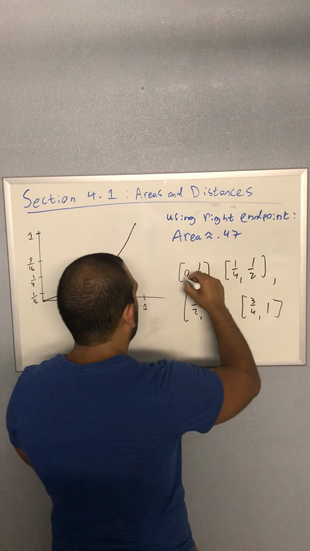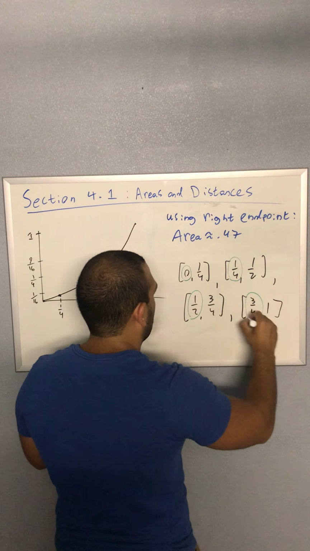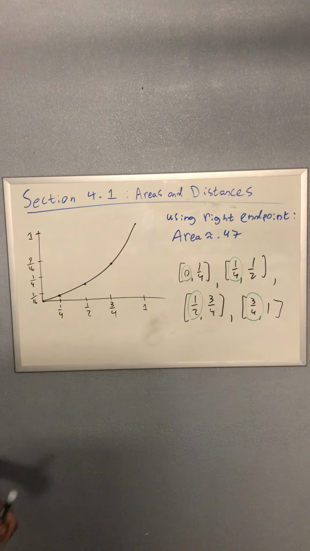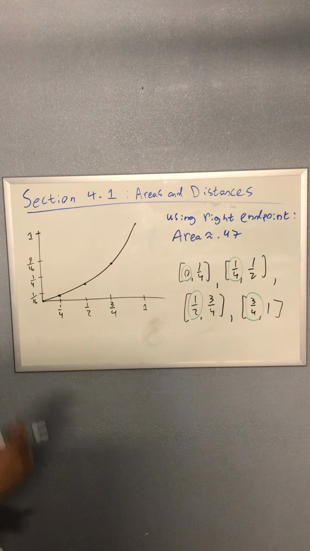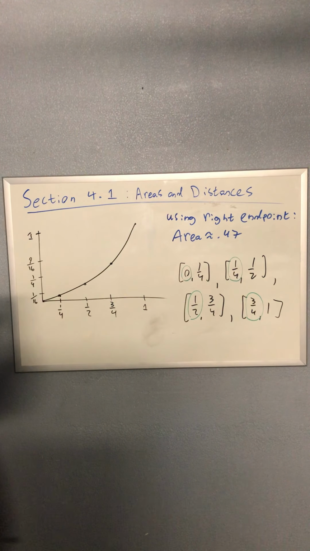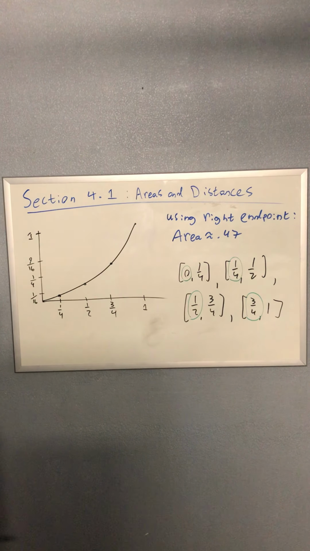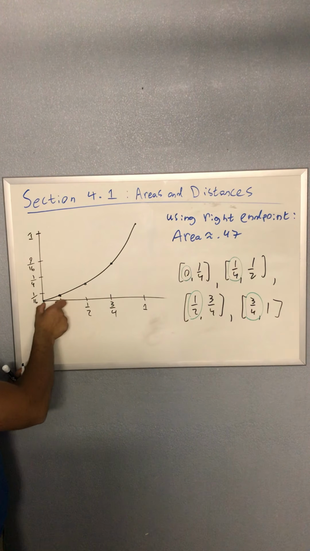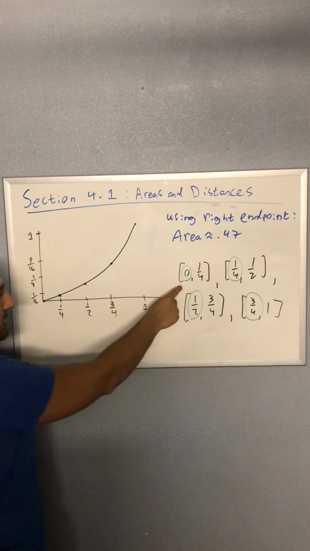So now we're going to take 0, 1/4, 1/2, and 3/4. We're going to take the smaller number of the interval, okay? So now our rectangle is going to have a width of a fourth starting here, but the height that we go to is going to be the output of the function here.